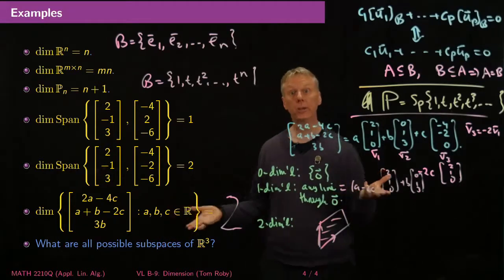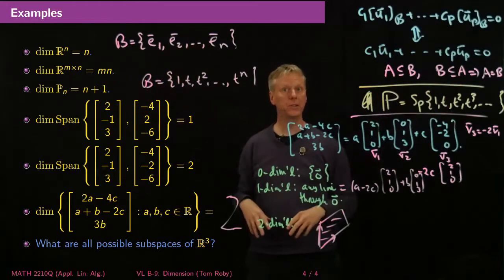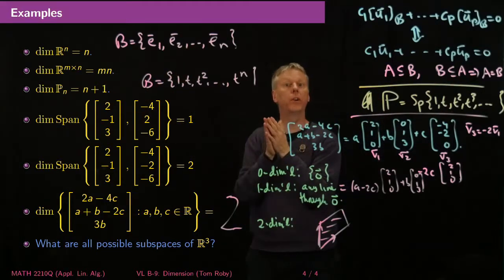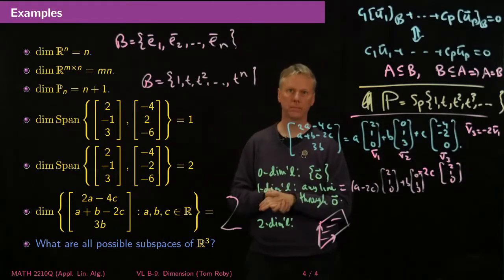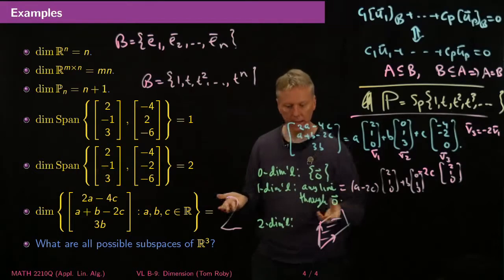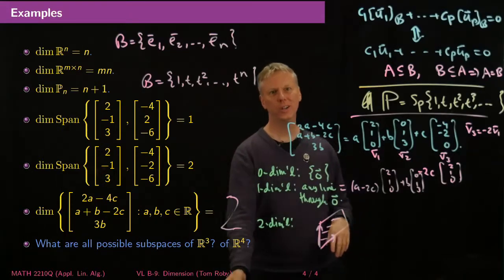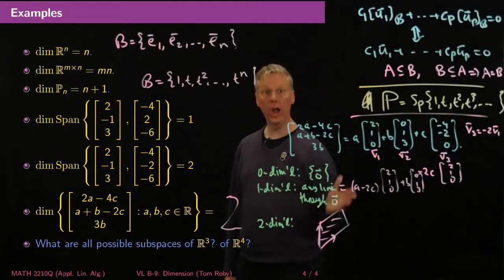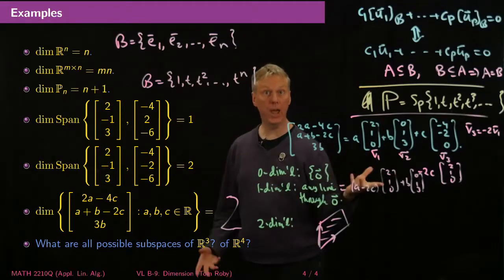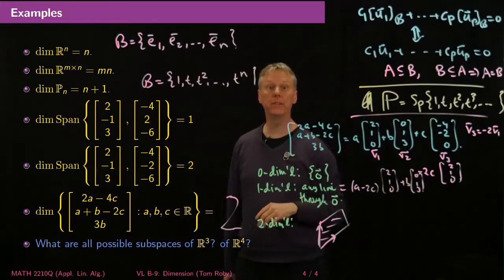And finally, if I have a 3-dimensional subspace of R3, it actually has to be all of R3. There's no way to have something smaller than all of R3 and have it sit in there. Once it's 3-dimensional, it has to be everything. So that's R3. Now it might be worth, just for the fun of it, to think about R4. You still have the same things: a single point, a line through the origin, a 2-dimensional plane, which still looks like a plane even though it's sitting in 4-dimensional space.